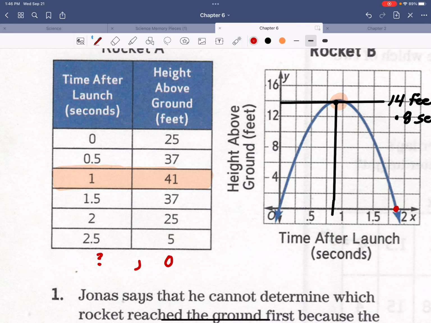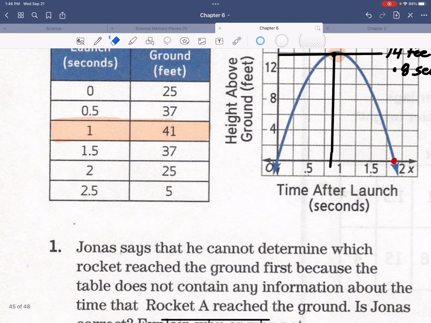So I agree with Jonas. It does tell us that the rocket was still in the air at 5 seconds, but that's all it tells us. Or at 2.5 seconds, it was still in the air. It was getting close to the ground right here. I could guess that it happened at 3 seconds, or maybe 3.5, but I don't know that for sure.